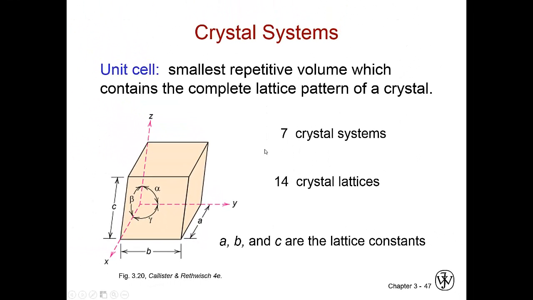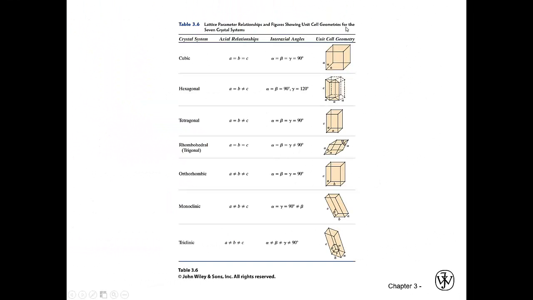So here's a really nice diagram of the crystal systems. This should be in your book. Again, this table is from Callister and Rethwisch, 4th edition, and it's an excellent book. You should get it and keep it.